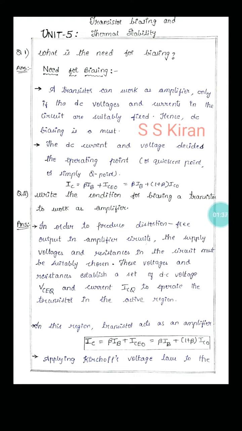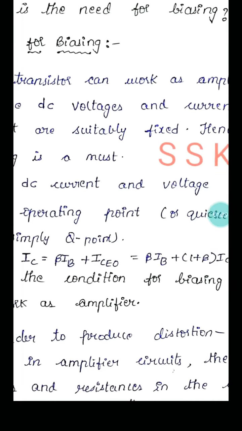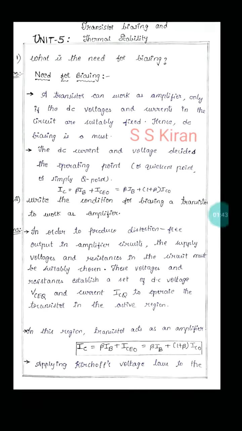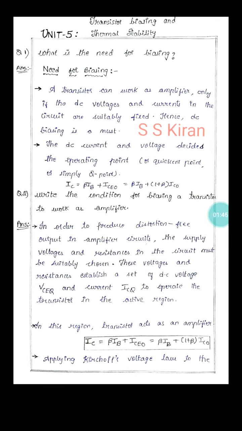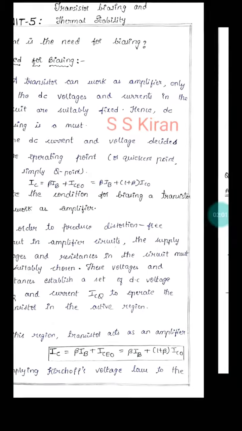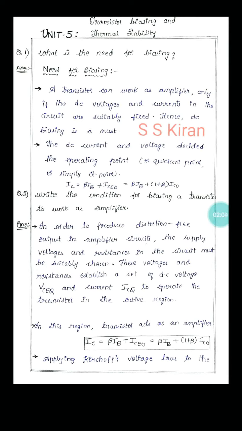Now, answer is, a transistor can work as amplifier only if the DC voltages and currents in the circuit are suitably fixed. Hence, biasing is a must. The second point, the DC current and voltage decide the operating point or quiescent point or Q point.